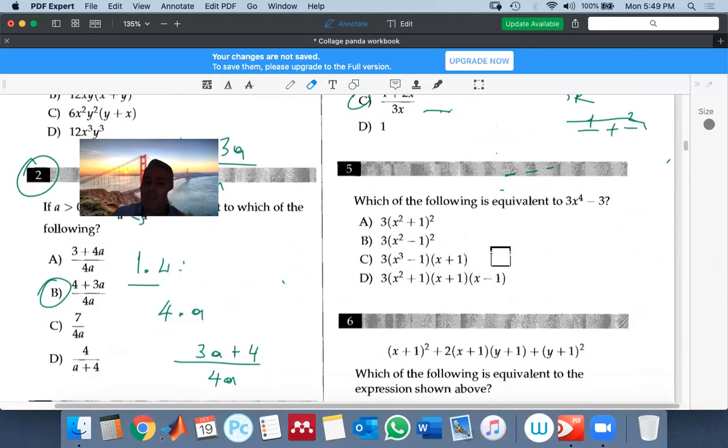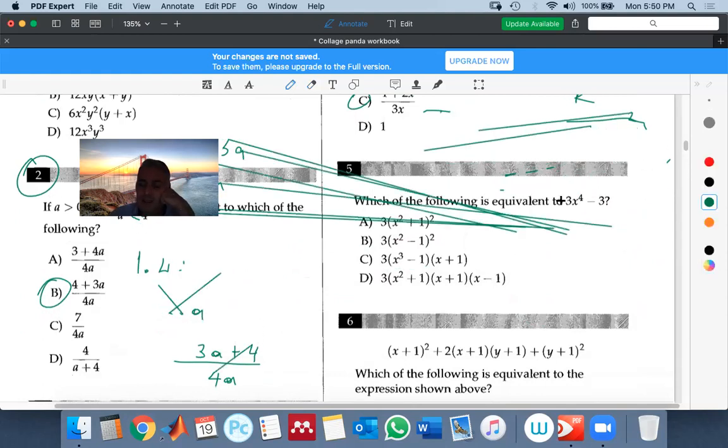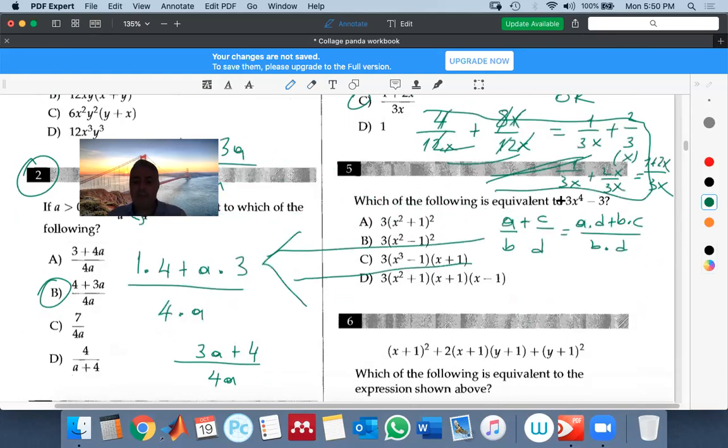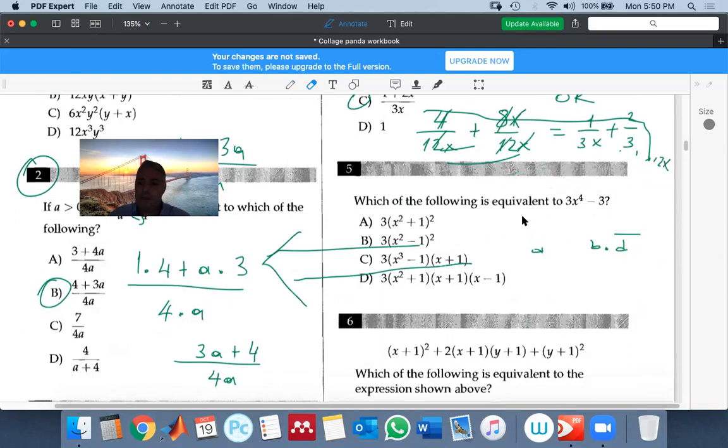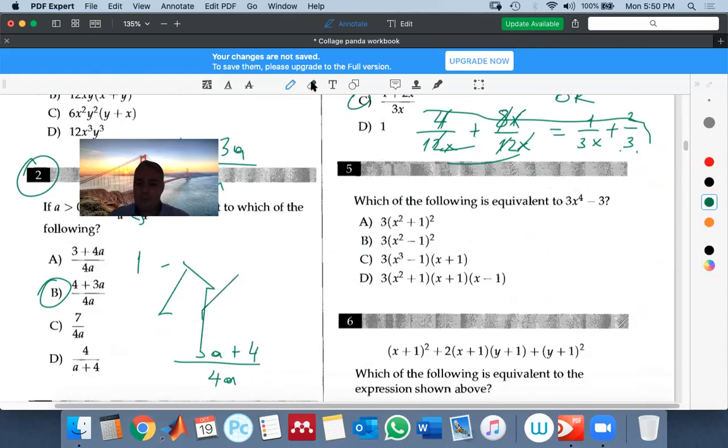Question number 5. This is SAT type question. 3x to 4 minus 3. What is that? How can we do this?